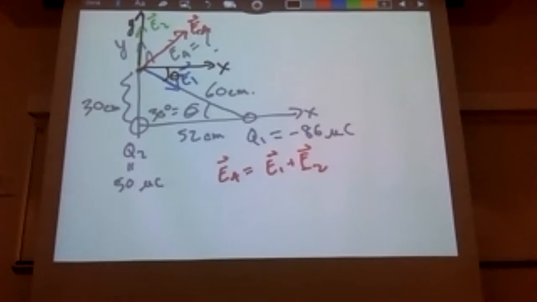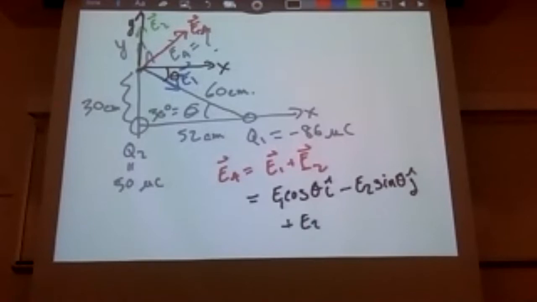Good. So we're going to write this then as E1 times cosine of theta in the i-hat direction, minus then E1 times sine of theta in the j-hat direction, plus then E2 magnitude, which only points in the j-hat direction.